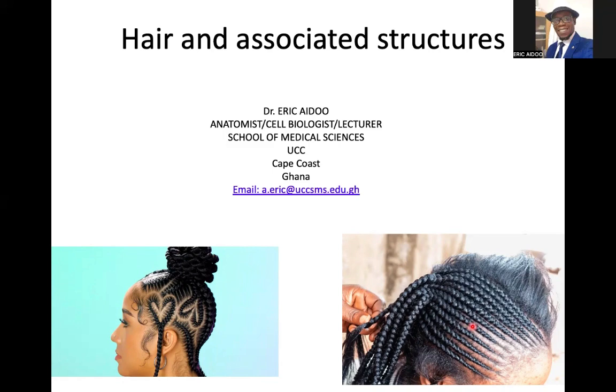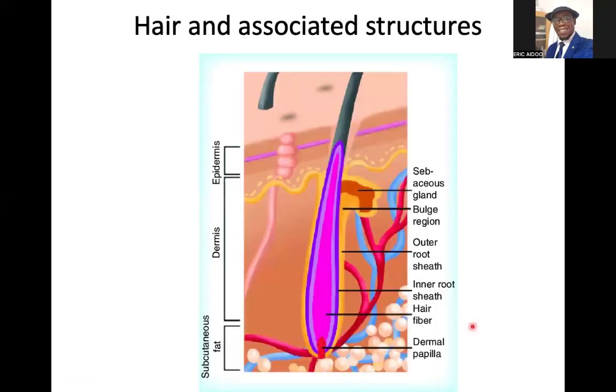It can be cosmetic, it can be protection, and it can even be for keeping one warm. When we look at animals, a lot of them have fur or hair, and some of these can even be used as clothing to keep men warm, like the wool. So hairs are very important.